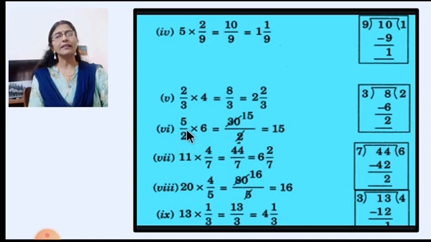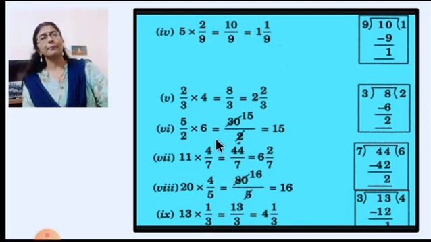Same way, next one, 5 6s are 30 and denominator 2 is there. We'll reduce them. You will get 15 as the answer. Next one also, 11 into 4 upon 7. 11 4s are 44 upon 7.